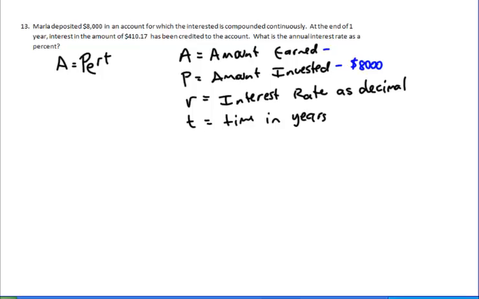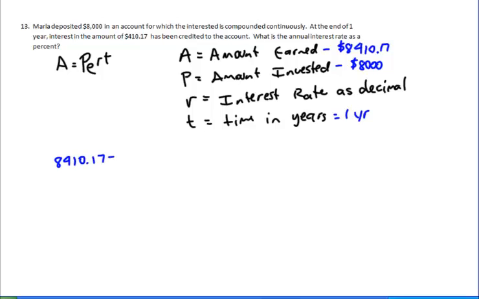So the amount is going to be $8,410.17. We know that the time in years is 1 year, and so the only thing that we don't know is the interest rate. So we can go ahead and set this up.